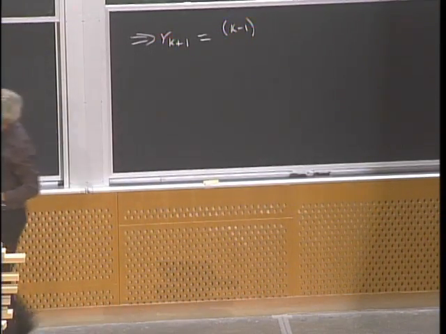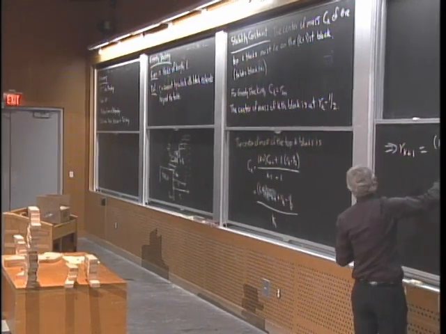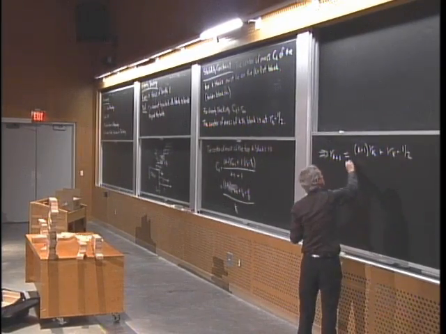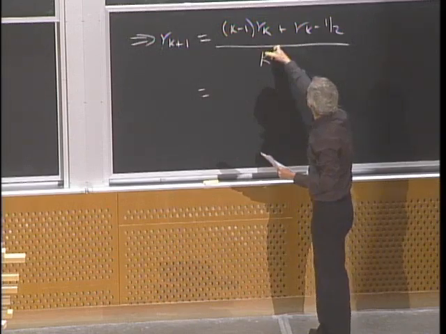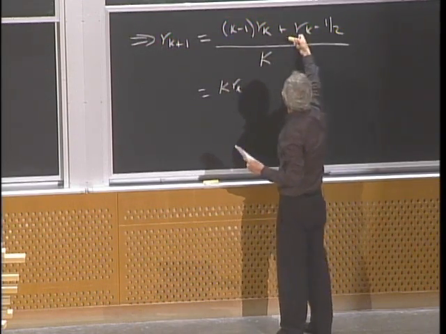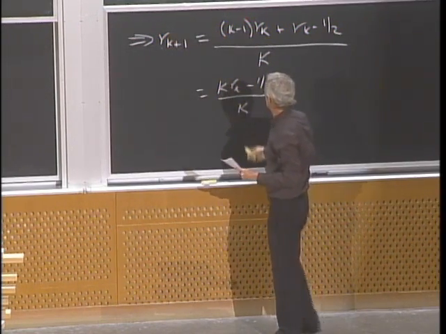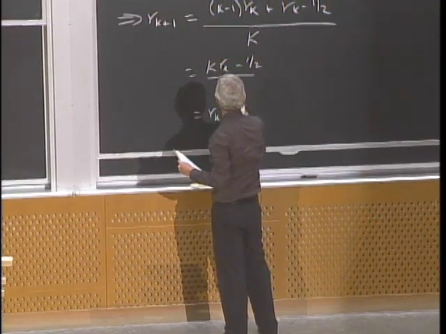Well, ck minus 1 is just rk, plus rk minus a half, over k. And this simplifies to k rk minus rk plus rk. They cancel. Minus a half over k. This equals rk minus a half.